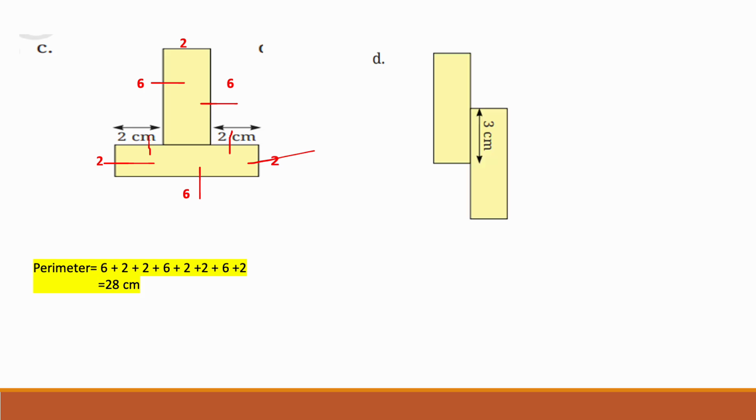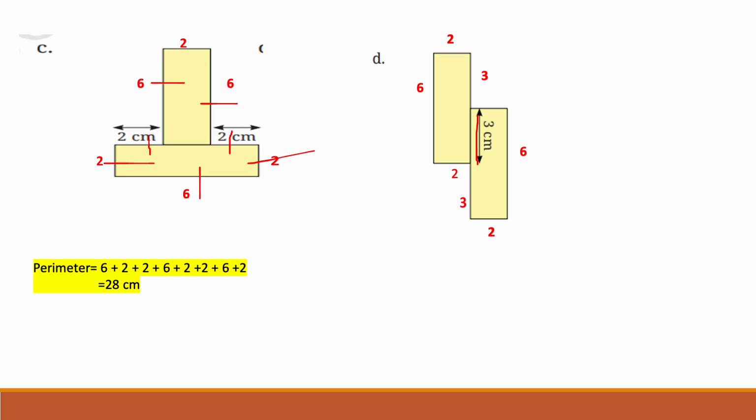Next figure. See, it is given up to here it is 3 centimeter. Total it is 6 centimeter length. So here it is 3, then here breadth is 2, then here it is 6, here it is 2, then here also it is 3. 3 centimeter is given, and 6 minus 3 is 3.